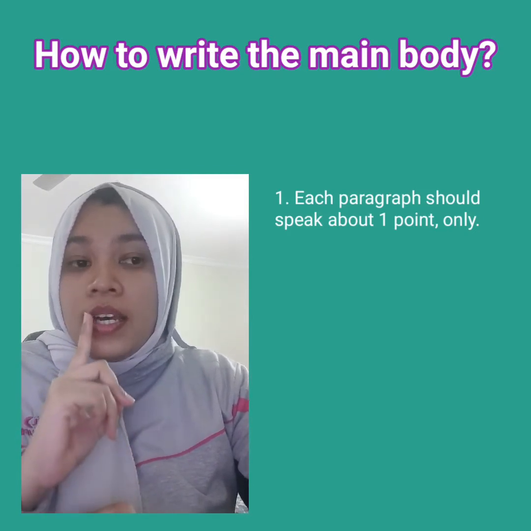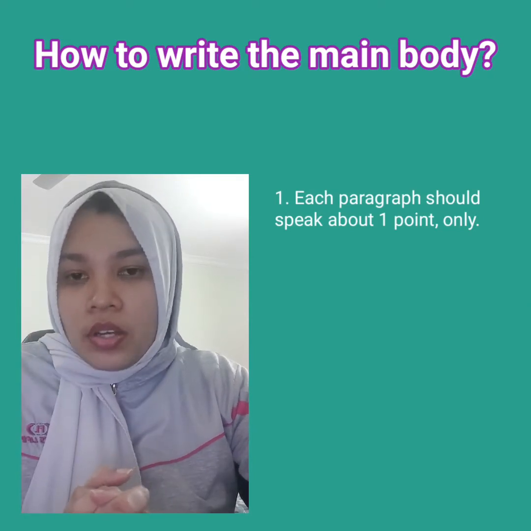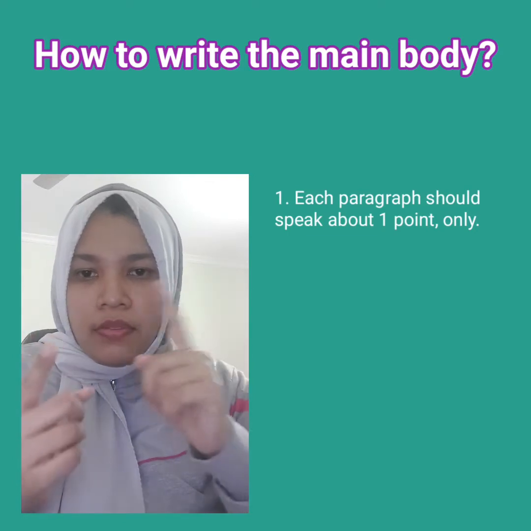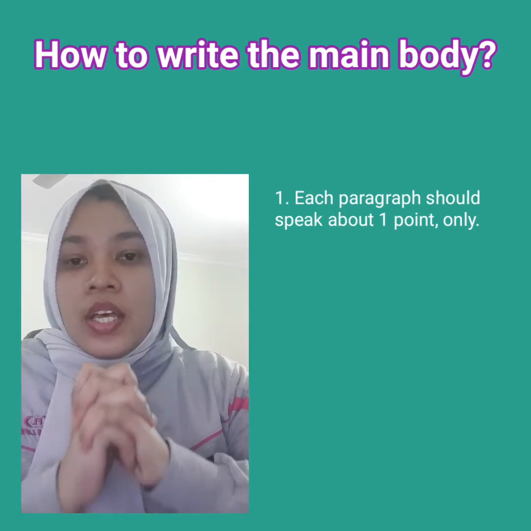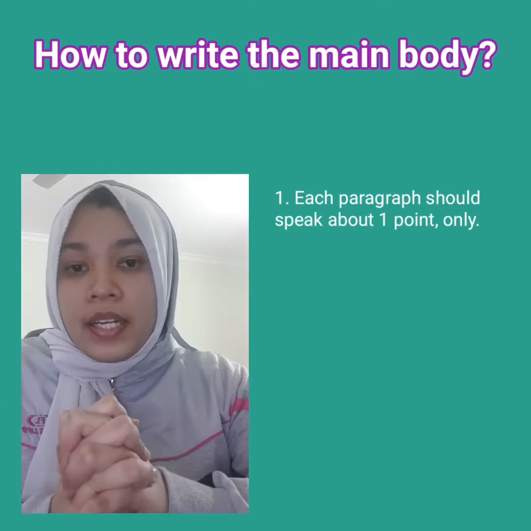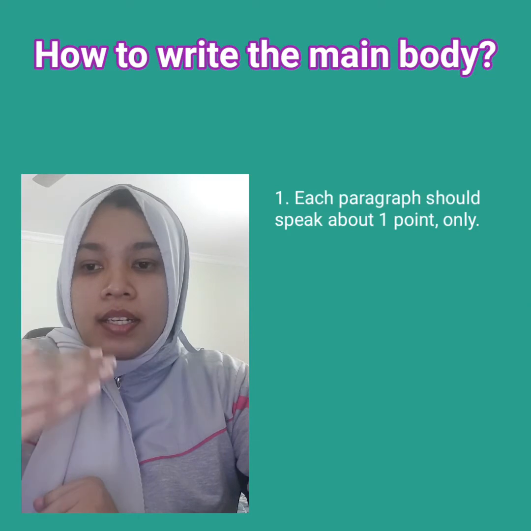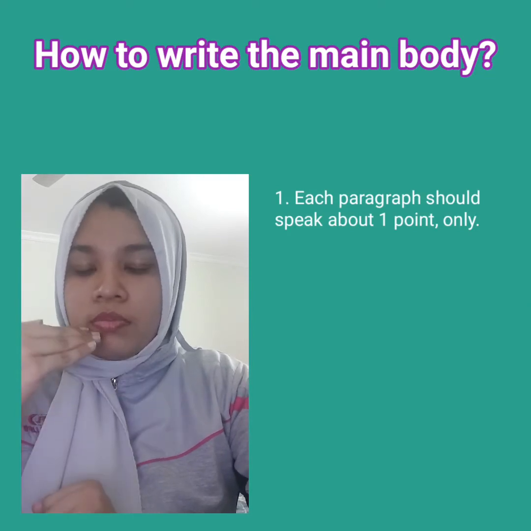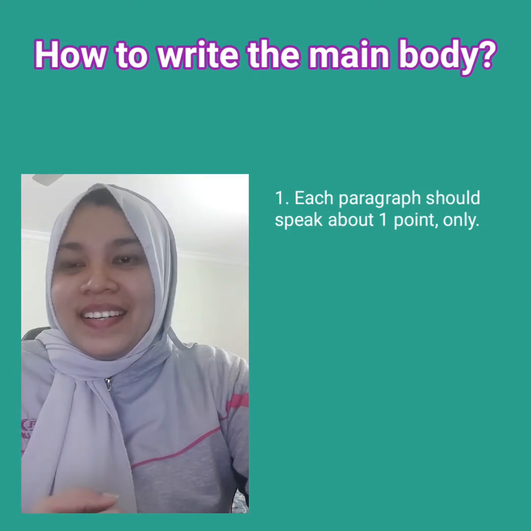Do not put 2 to 3 points in one paragraph. Then the point is lost, because you are directing me from one point to the other in the same paragraph, so it's just going to become a pickle. The purpose of a paragraph is to convey one point at a time. So each paragraph will contain only one point. Make this clear.